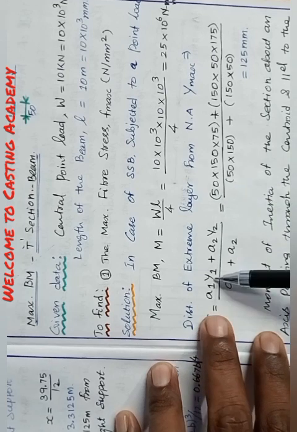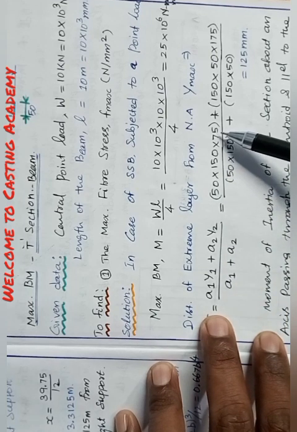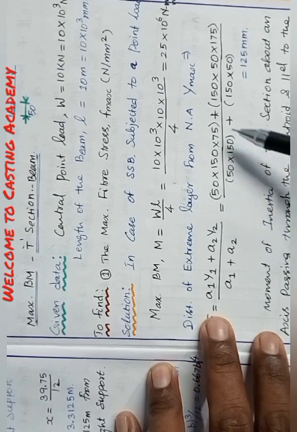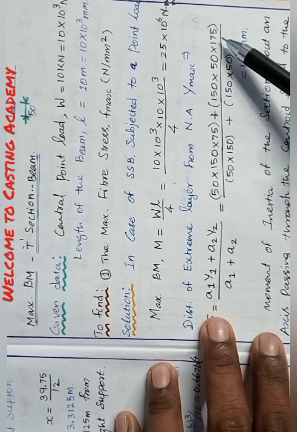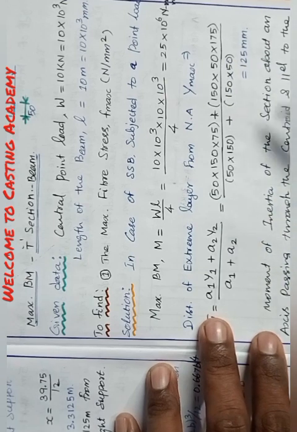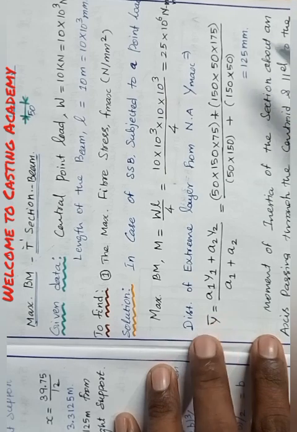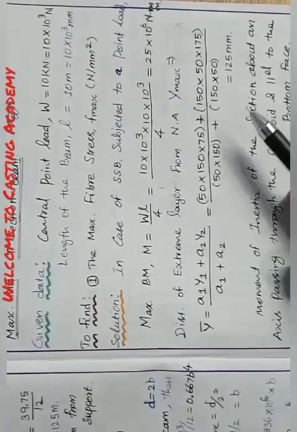Here the area A1 equals 50 into 150 and Y1 equals 75 from the bottom, plus A2 equals 150 into 50 and Y2 equals 175. So finally we get Y bar equals 125 mm.